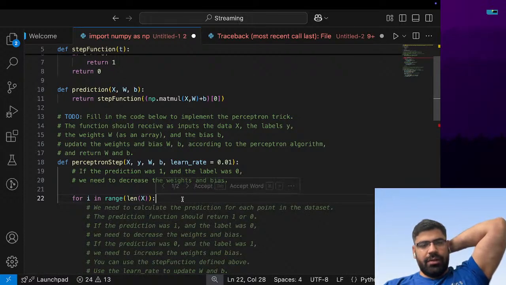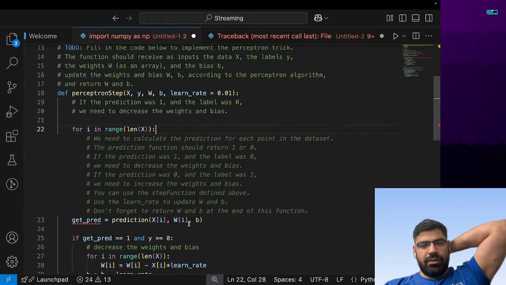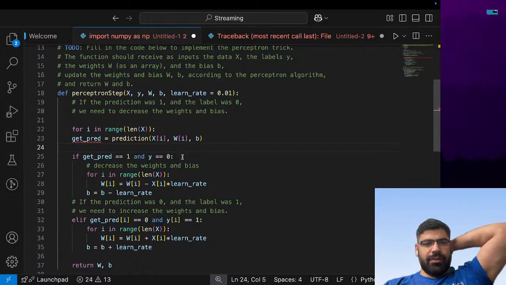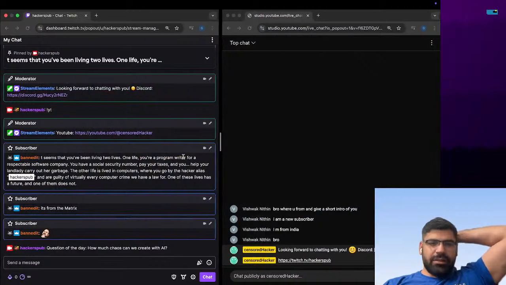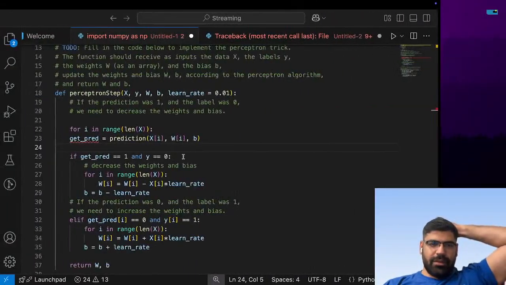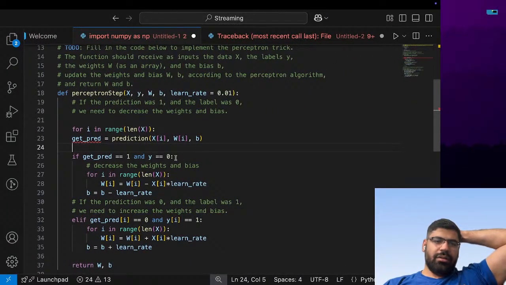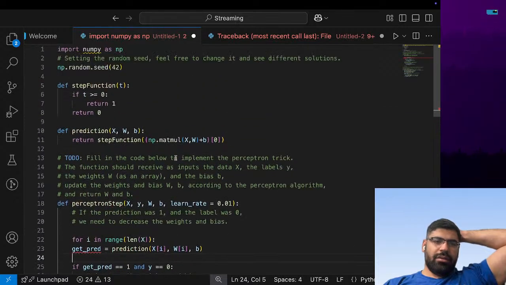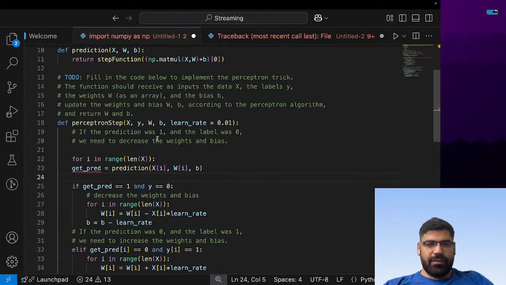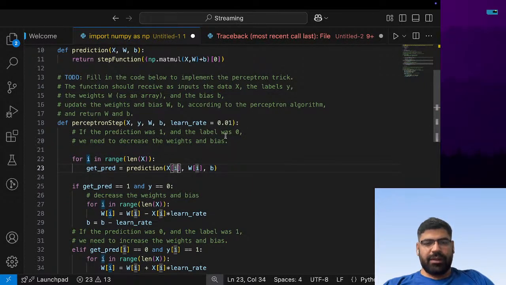So whatever we predict with X and Y. Let's think about it. We have X, Y. For every i in range X and Y, we have X, Y. We are sending W, which is what we are creating.